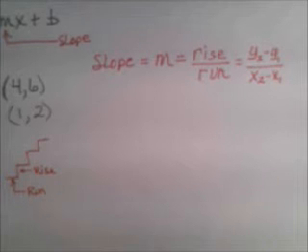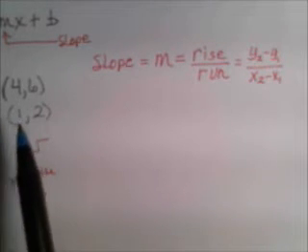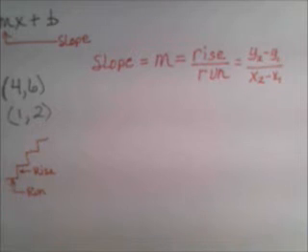So if we look at this and think, okay, our rise over our run, and we've got these two ordered pairs here, the ordered pair (4, 6), and the other ordered pair (1, 2). So we have two ordered pairs, and what we're going to do is subtract our y values, and then we're going to subtract our x values.